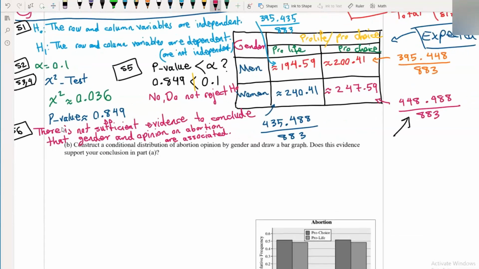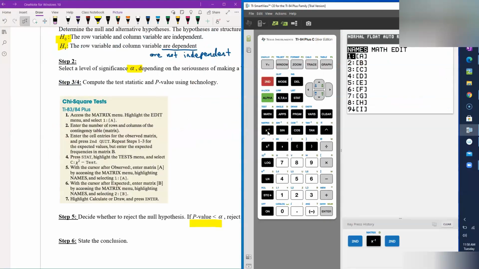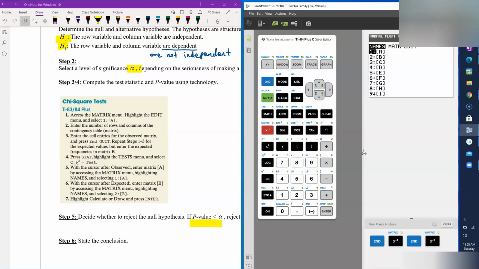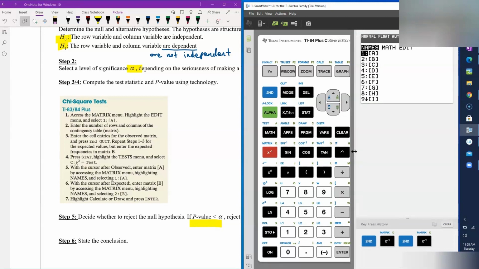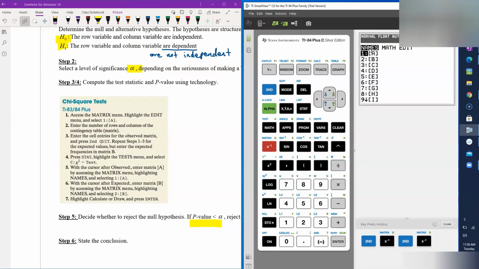This was using StatCrunch. Now let's use the TI-84. So it's second, x to the power -1. This is matrix. See, that is matrix. Now here on top we have names, math, edit. So we have to use edit.